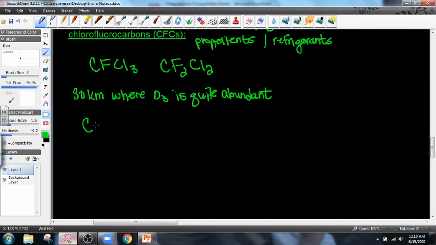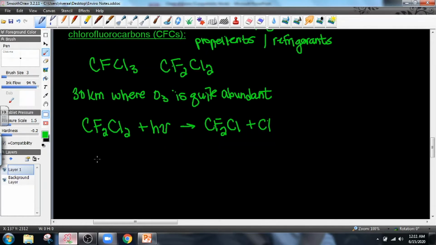So let's look at what happened to CF2Cl2. When it was exposed to a photon, it photodissociated into CF2Cl plus Cl.